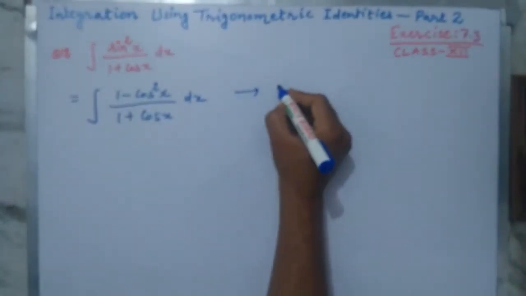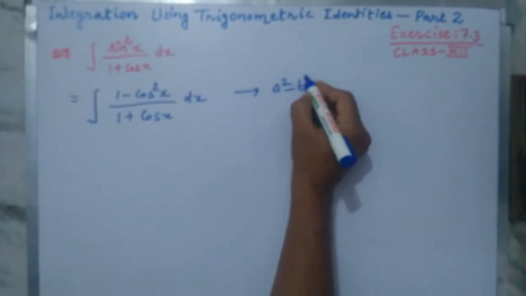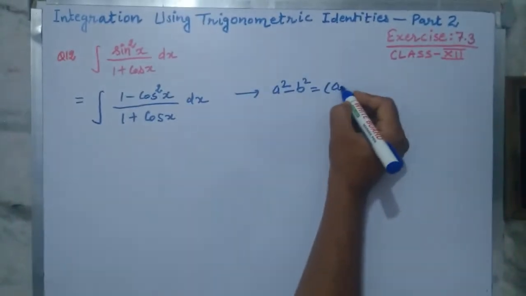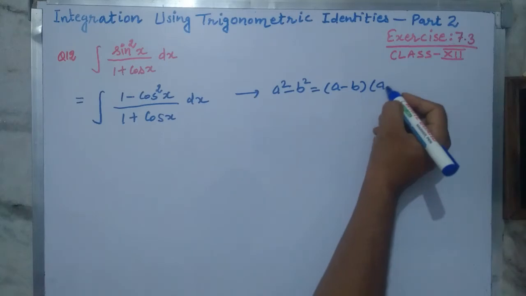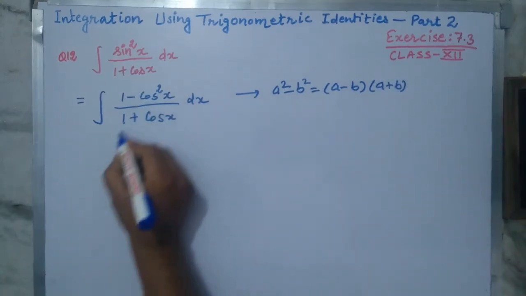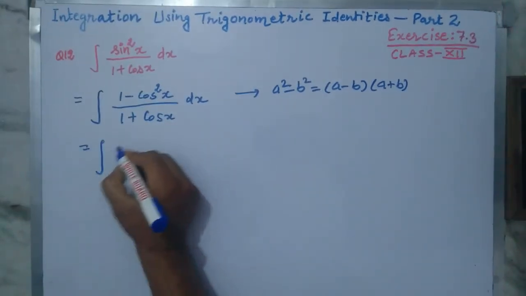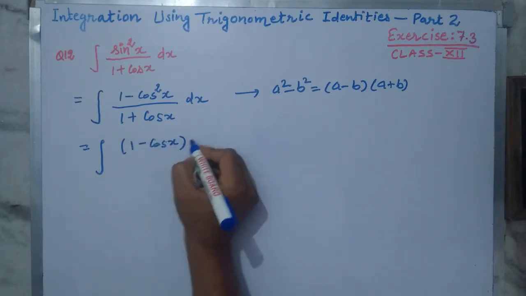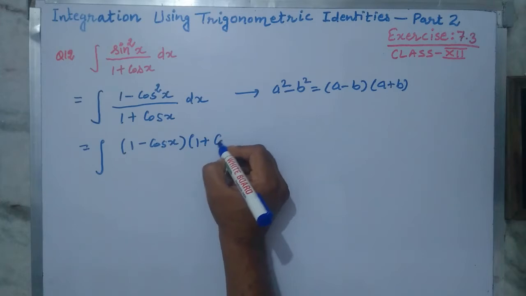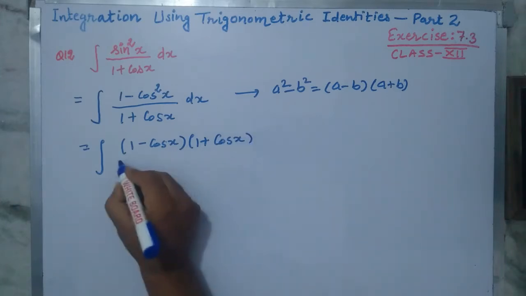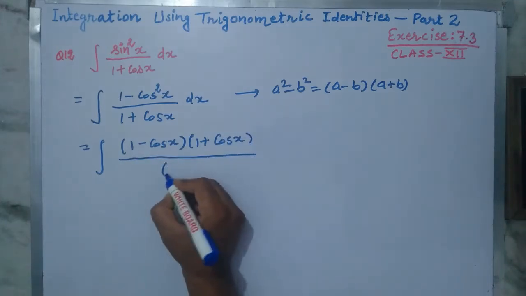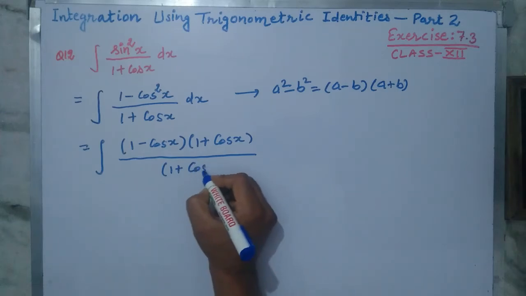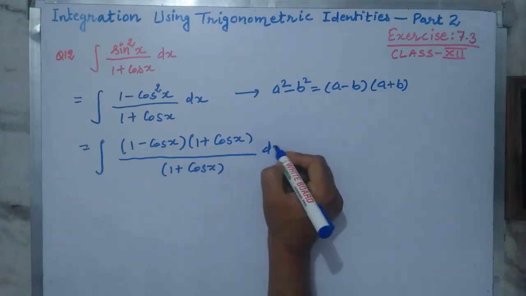Now using the identity a square minus b square is equal to a minus b into a plus b, the numerator becomes 1 minus cos x into 1 plus cos x, whole divided by 1 plus cos x into dx.